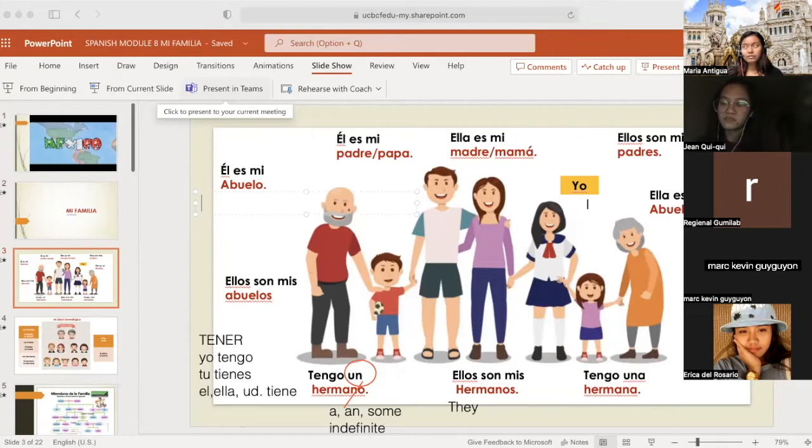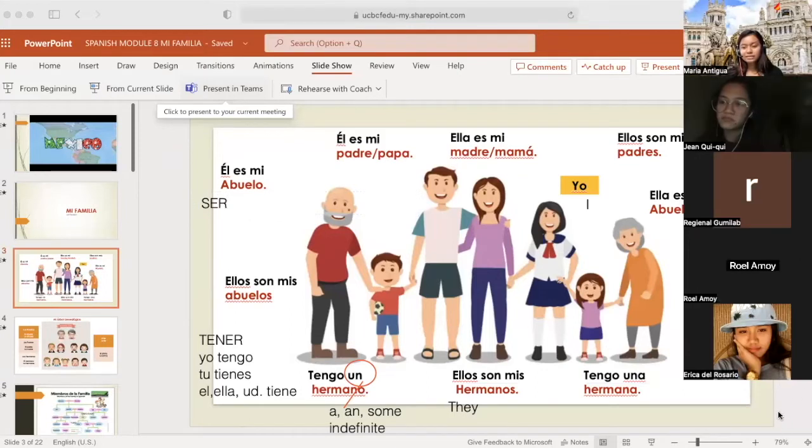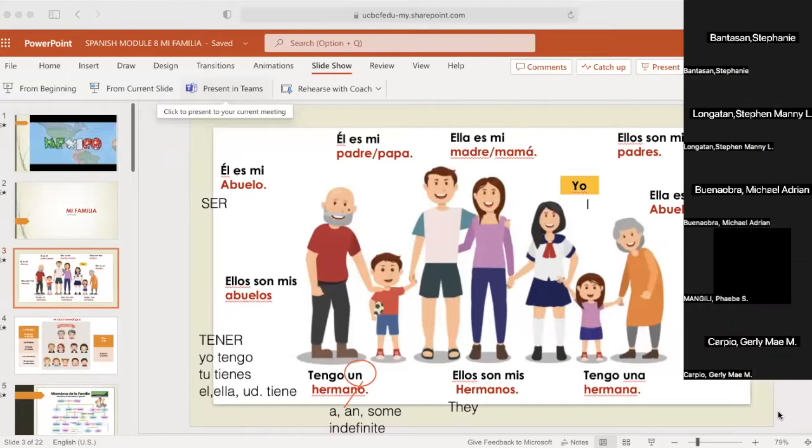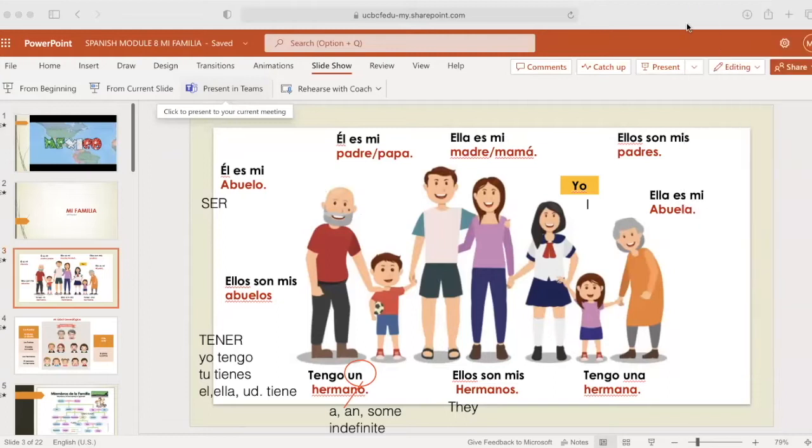Which infinitive form? We've discussed that last meeting. Ser po. Ser. Okay, may I know the name? Erika po. Erica. Okay, so we have here ser.